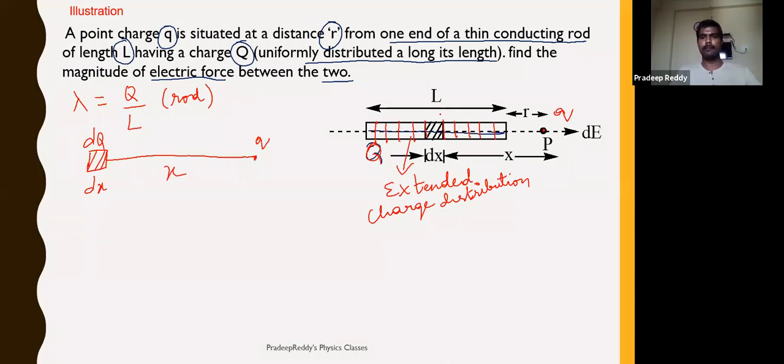This element and the point charge q are both separated by distance x. Now this is a point charge, and of course this is also a point charge.